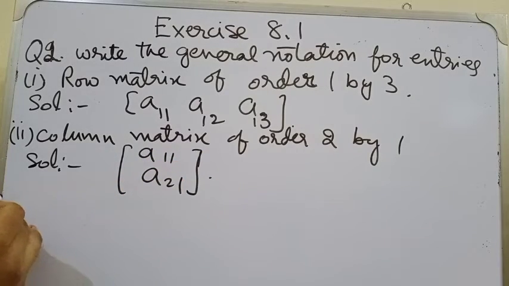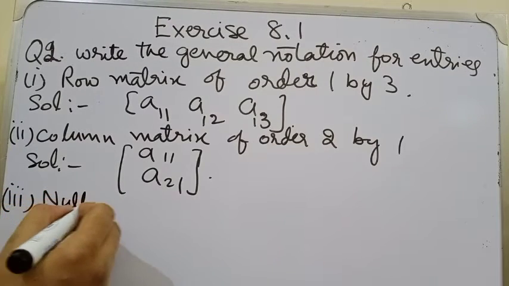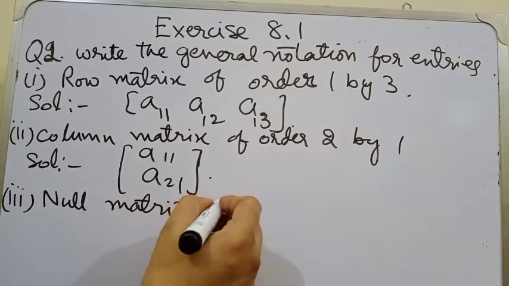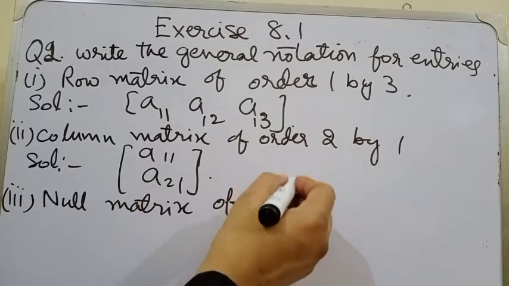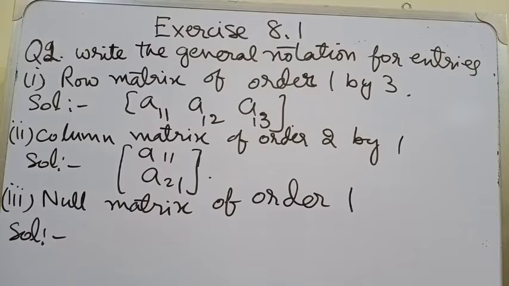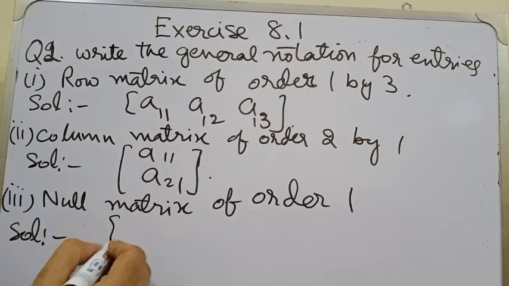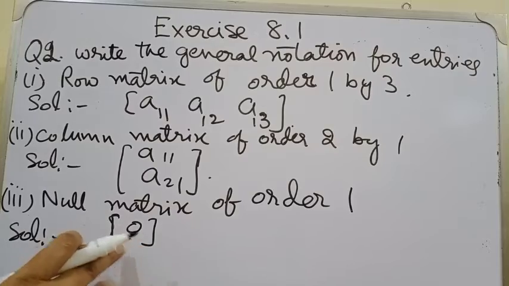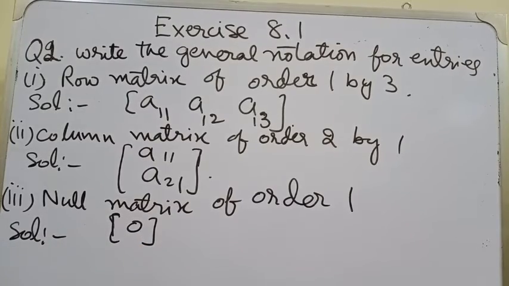We have only 2 elements. And 3, null matrix of order 1. We have a set of 0, 1 row and 1 column.